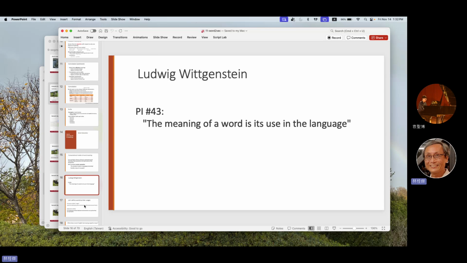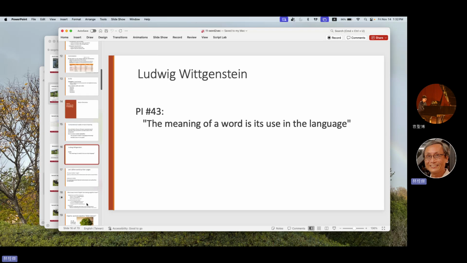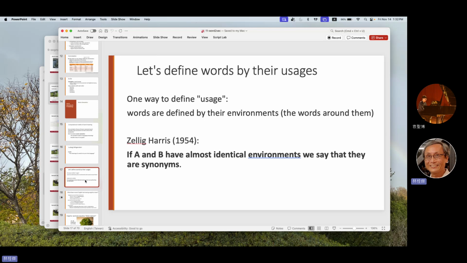When we understand a word by how it's used, as we have mentioned, we try to understand what the words around it are, not just the word itself. If a word is used in the same way in two different sentences, and they are supposed to mean the same thing, then we can say these two words are probably similar or identical.